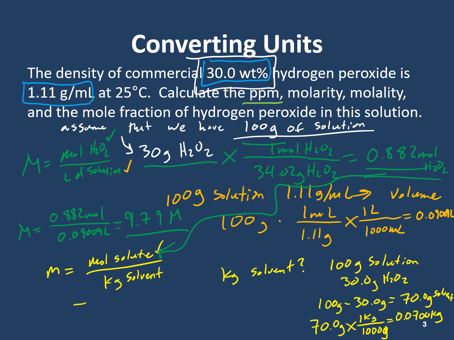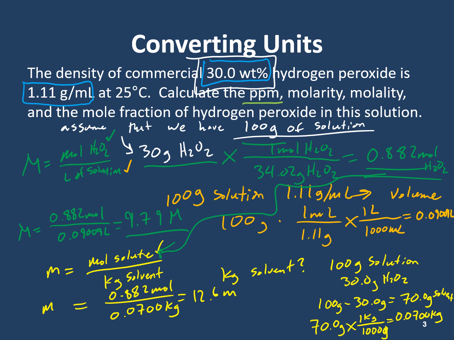Now I can solve for my molality. Molality is then 0.882 moles over 0.0700 kilograms. And if we divide those two out, you get around 12.6 molal.